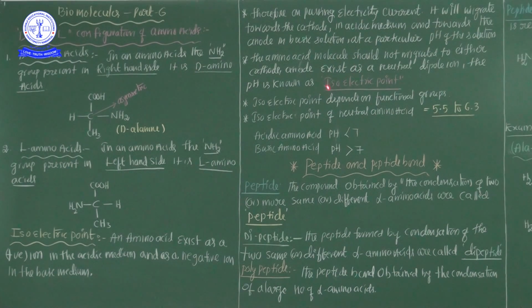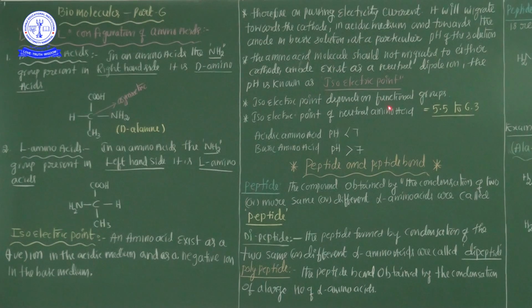But sometimes some amino acid does not migrate to the cathode side or the anode side. That particular pH point is known as the isoelectric point. At the isoelectric point the amino acid does not migrate to the anode or cathode after passing electricity. That point is commonly called the isoelectric point.